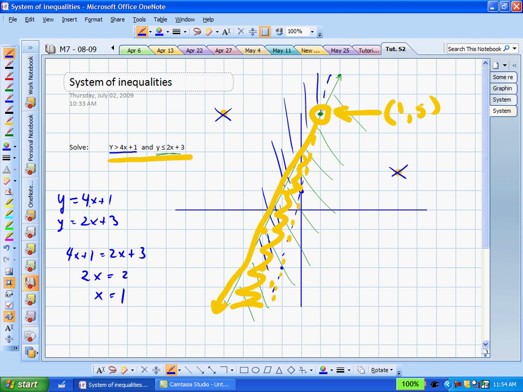If x equals 1, 4 and 1 make 5, y equals 5, the point (1, 5). That's how we get it algebraically. Same substitution method we just did. Okay? This is the problem I remember making up, with an easier point of intersection. I must have not been paying attention to the other one. Ready?